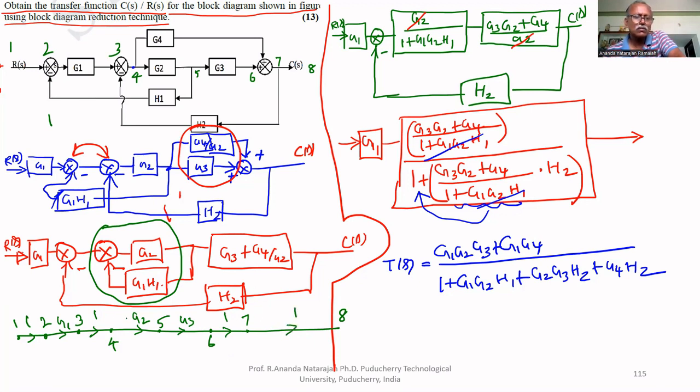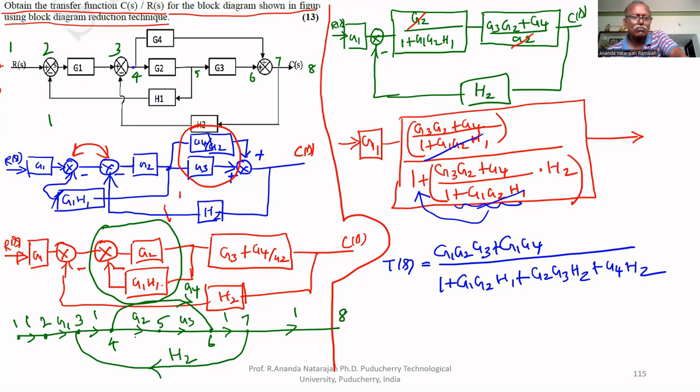From 4 to 6, this is G4. From 7 to 3, H2.